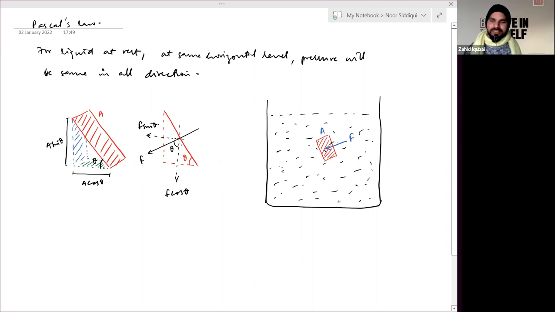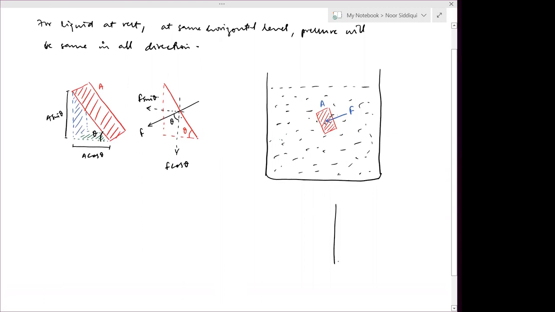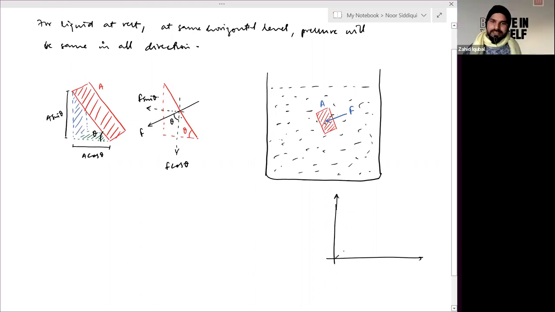Okay, just one minute. Let me explain how to break components. Suppose you have a vector from this point to this point, A, which is inclined at some inclination theta with respect to the x-axis.